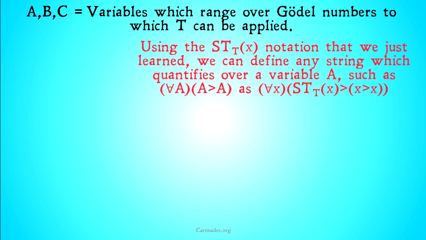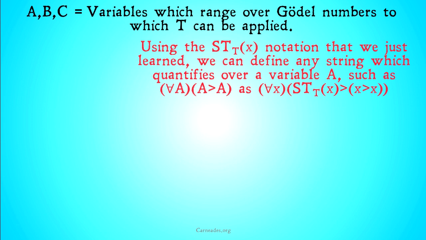It could be an object, it could be a sentence, it could be a number, as if X is a sentence that T can apply to, then X implies X. But if it's not, then we're not saying anything about it.